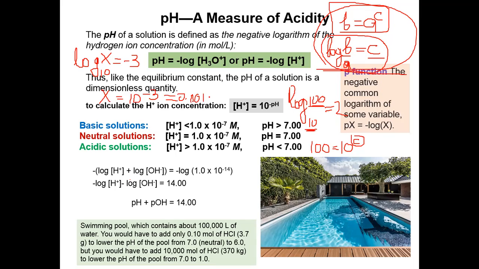So I want you to refresh this knowledge because you really need to know this to understand what is pH. Okay, and yeah, it's important. So this is about logarithm, but now I need to tell you what is pH. So pH is negative log. It says over here, it's negative log of concentration of hydrogen ions.